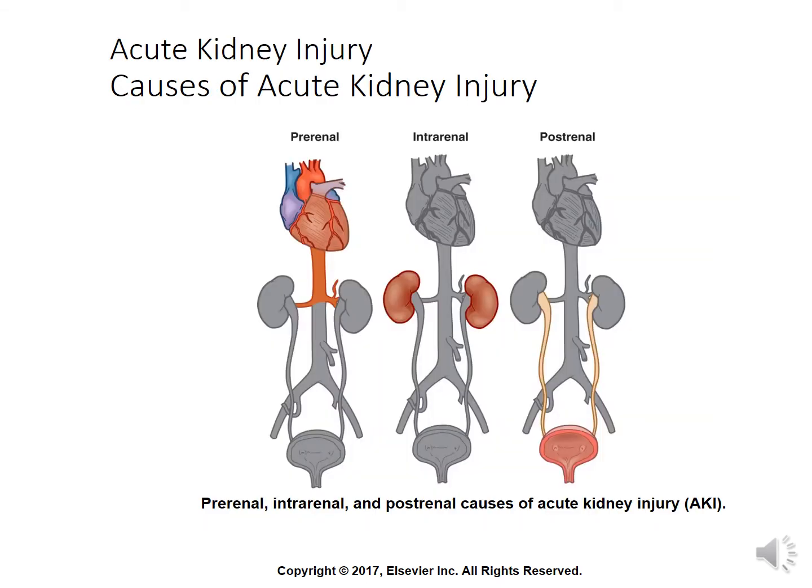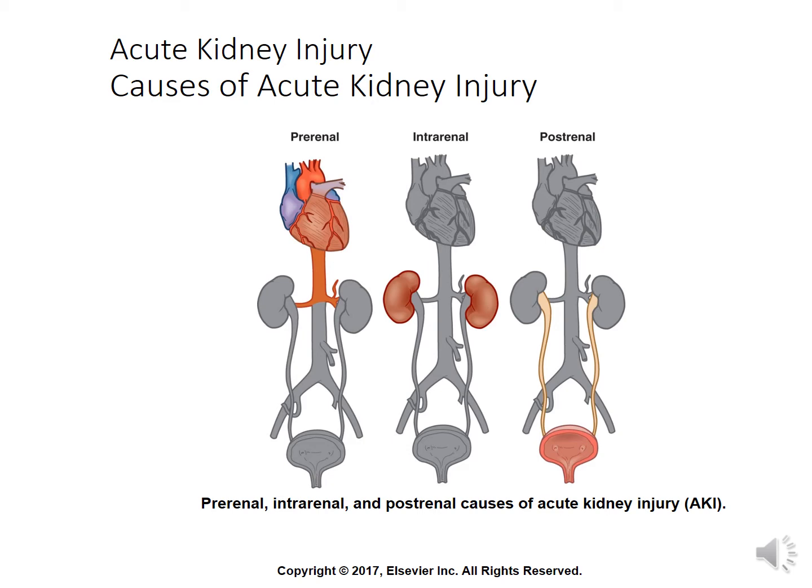So this slide is very helpful looking at the different causes of acute kidney injury. So I'm actually going to stay right on this slide and cover the next few slides right here talking about the causes of acute kidney injury. So pre-renal is anything to do with perfusion to the kidneys. Remember how we talked about that the kidneys are highly vascular, 20 to 25% of cardiac output, high blood flow per minute.